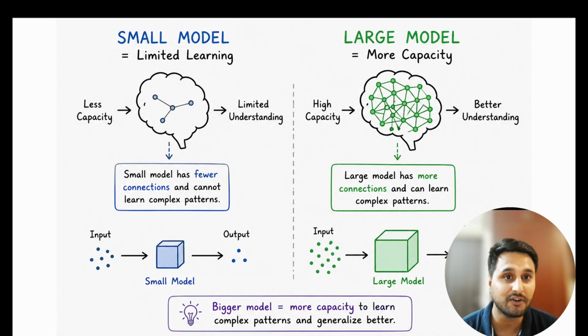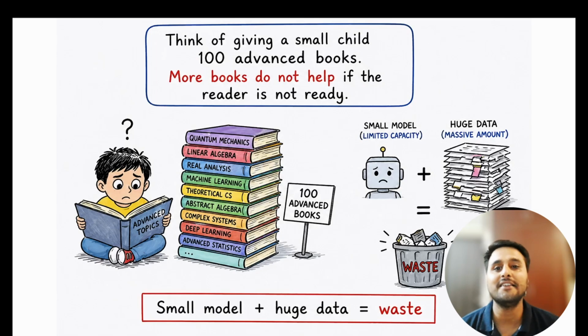But in the small model, you can see that giving a huge amount of data to a small model also does not work. And in the case of a large model, giving less data to this large model also does not work. So both things are vice versa. In this example, you can see giving a small child 100 advanced books. More books do not help if the reader is not ready.